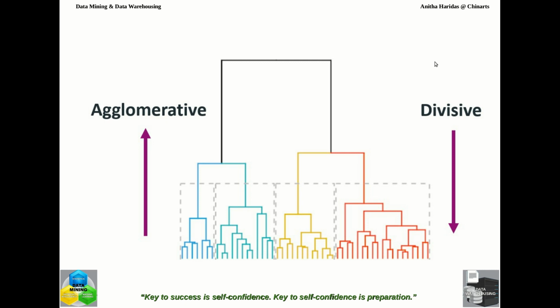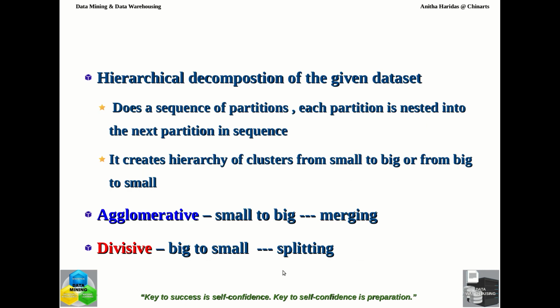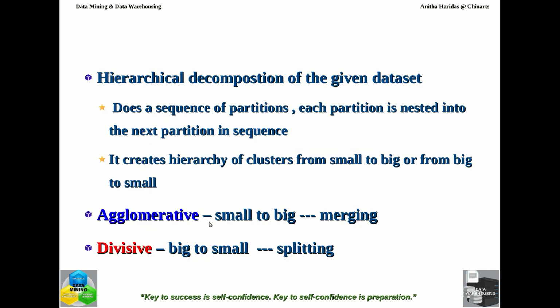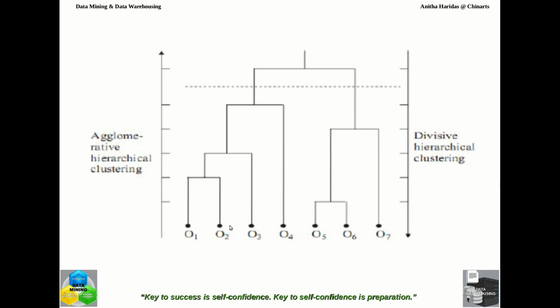So in this direction, which is top to bottom, we have the splitting process or the decomposition, whereas from bottom to top, in the bottom up approach, we merge smaller data points to get the clusters. So this is agglomerative hierarchical clustering, bottom up, and divisive hierarchical clustering, top down.